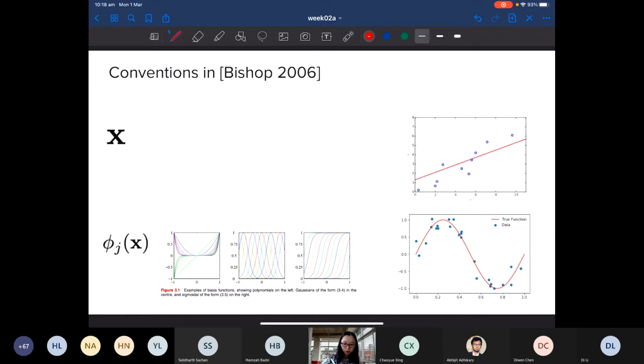For those of you who are familiar with stats or R or Excel, you can think of X as basically a spreadsheet, right? So rows are different data points, and columns are input dimensions.